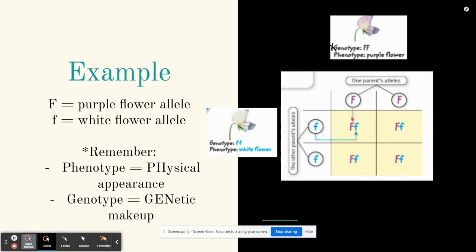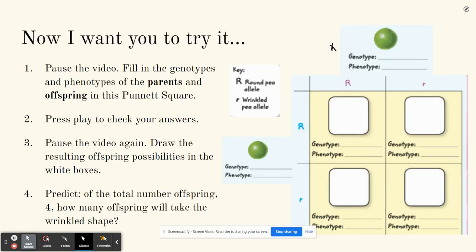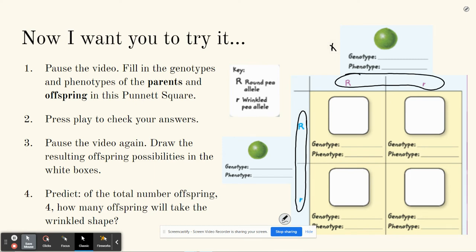So now we're going to try one on our own. Here I have given you the genotypes of your two parents. You're asked to pause the video and write down the genotypes of each of the parents and tell me what that phenotype is.